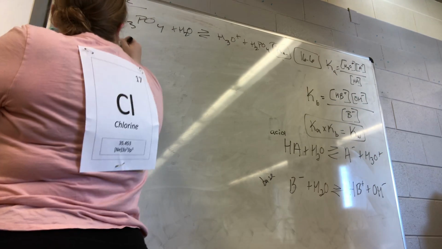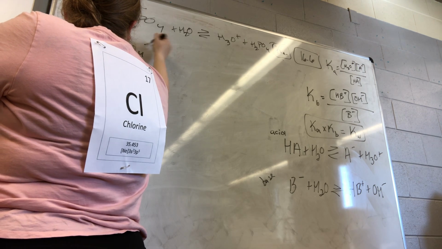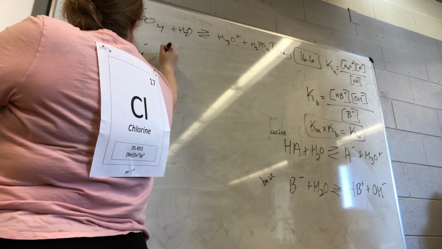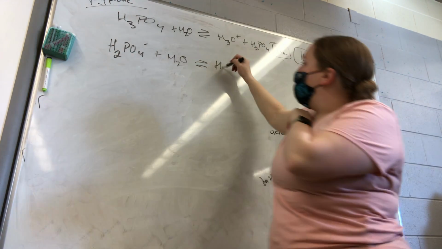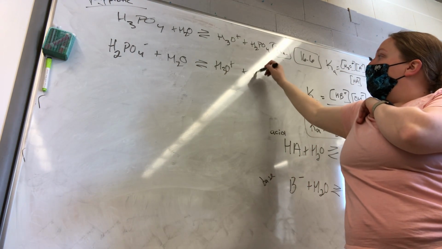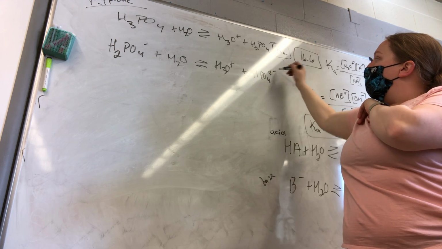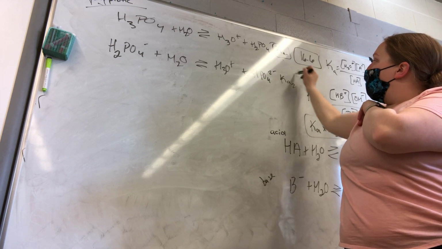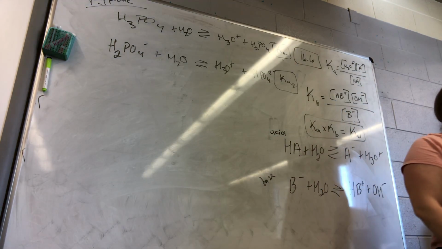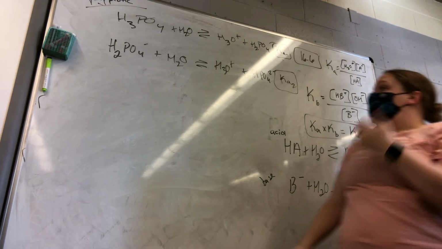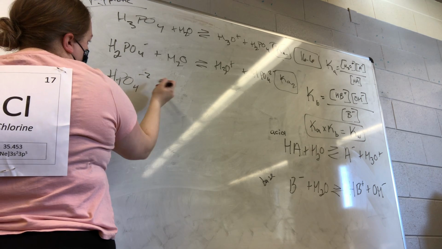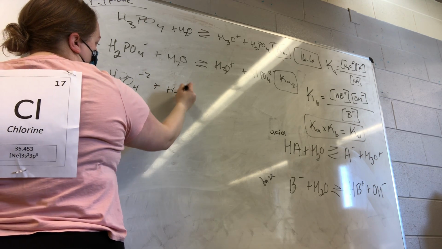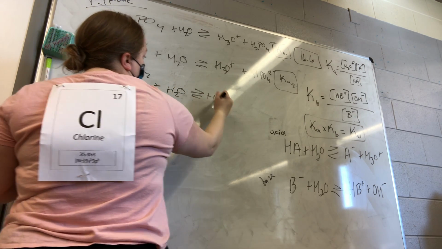If I then take that conjugate base, add it to solution, try to remove another proton, there's another dissociation constant. And finally, if I take that last one, and I just chose one that had 3, but it could work for 2 or 4.